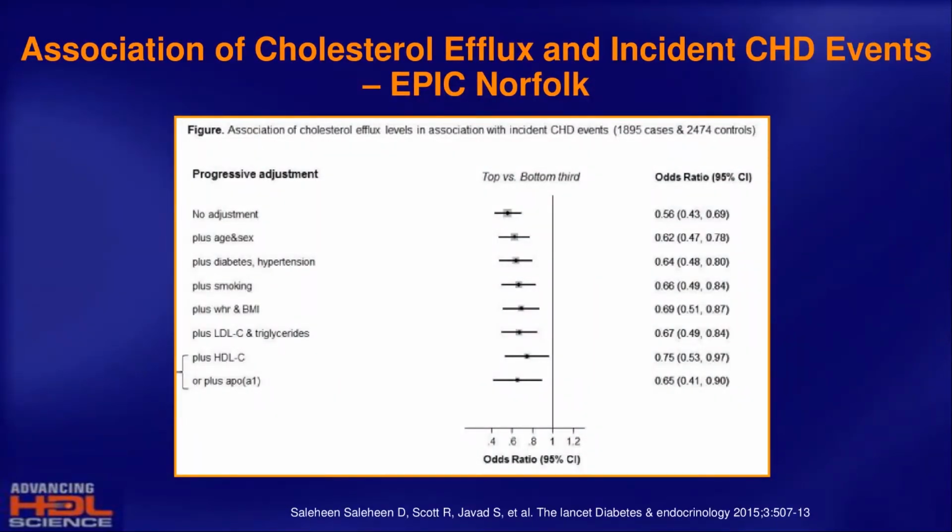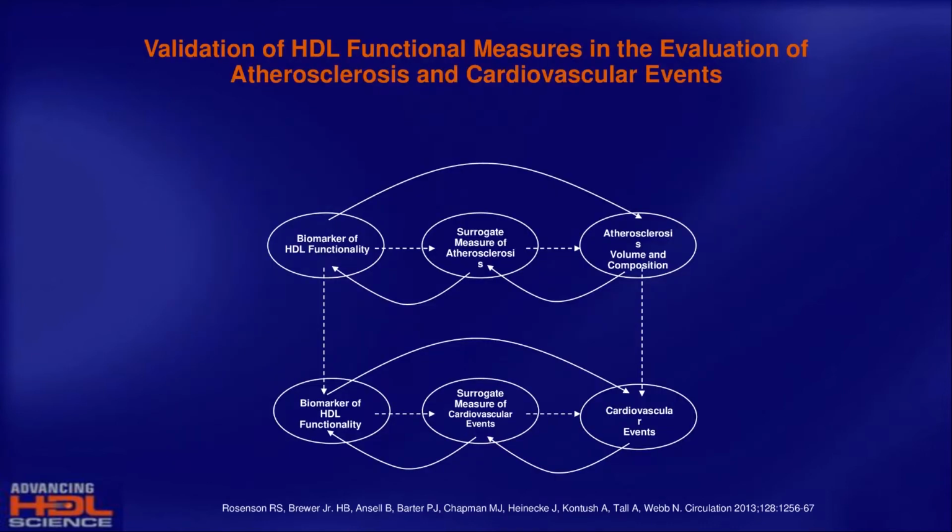In this study, we can see that the risk of cardiovascular events was lower with more efflux, and that remained significant. After multivariate adjustments, there was some attenuation, including HDL cholesterol in the model or apolipoprotein A1, but efflux still remains significantly associated with a lower risk for cardiovascular disease.